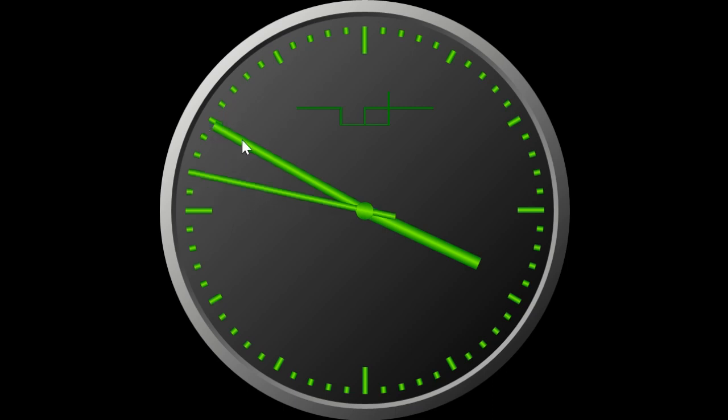If I'm looking at the minutes hand, it's 1 minute. Now, did you see? 1 minute has gone by now, and the hand moved from here to here. 60 seconds is 1 minute.